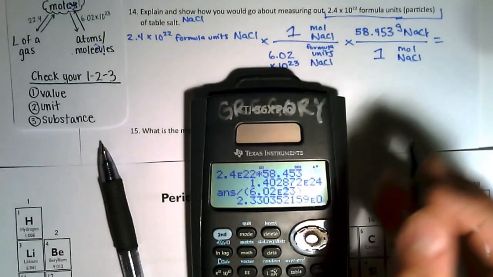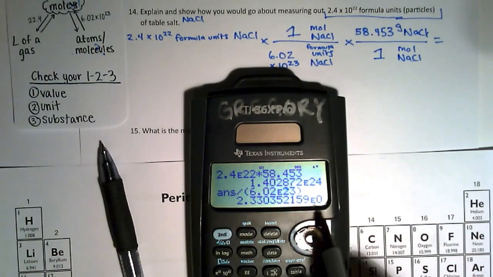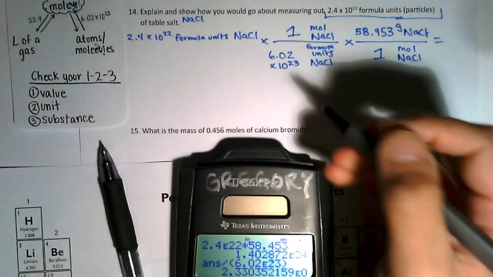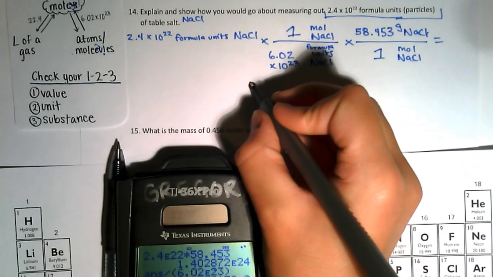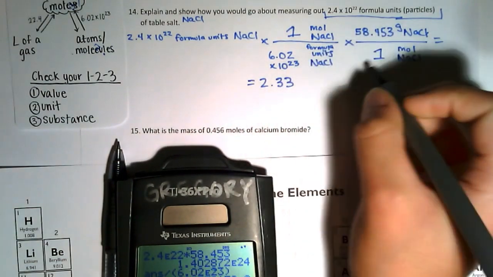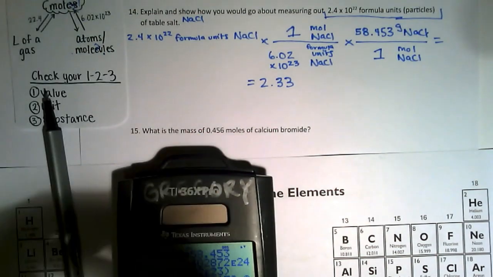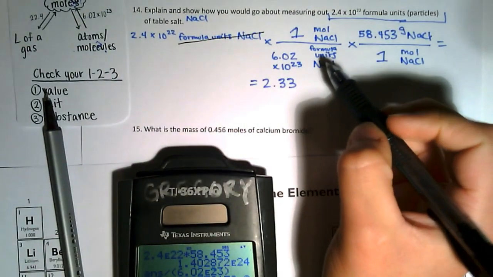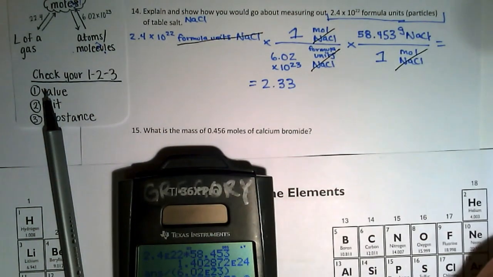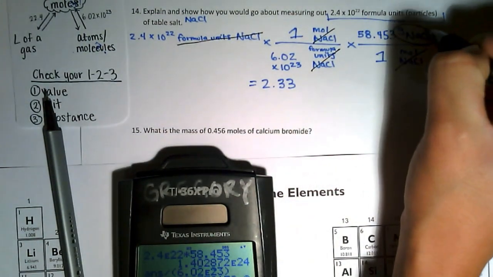Okay, and that gave us 2.33 e to the 0. So times 10 to the 0th power, so times 1. So this is equal to 2.33, and then to figure out our units, formula units of NaCl cancels out, and then moles of NaCl also cancels out, so we're left with grams of NaCl.